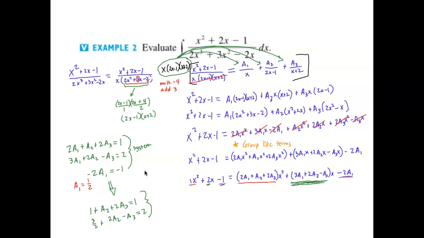For example, the first one, I'll subtract the 1s over to the right, and I'll get a2 plus 2a3, I'm sorry, equals 0. The second one, I'll subtract the 3/2. I'll get 2a2 minus a3 equals 1/2.